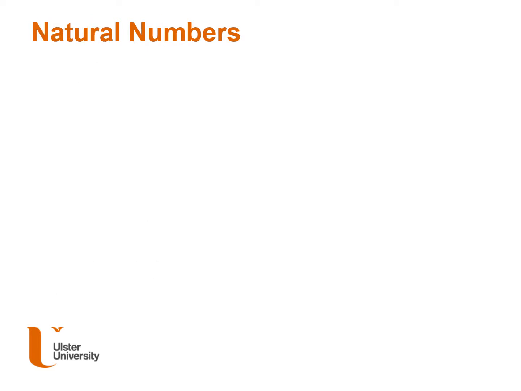Natural numbers are the numbers that we use to count, namely 1, 2, 3. You may have heard such numbers described as whole numbers. The set of all natural numbers is denoted by N, and we have elements 1, 2, 3, and so on, 4, 5, 6, 7.